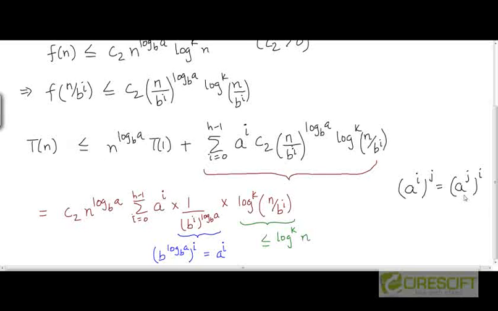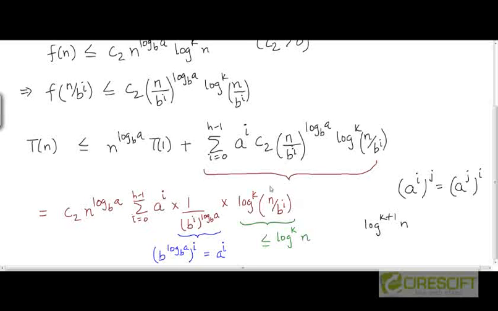So how do we get it on the right hand side? Well, if we want log to the power k plus 1 of n on the right hand side, one way to do that is to replace this log to the power k of n divided by b to the power I by log to the power k of n, because we ultimately want log to the power k plus 1 of n as the multiplier associated with n to the power log base b of a.